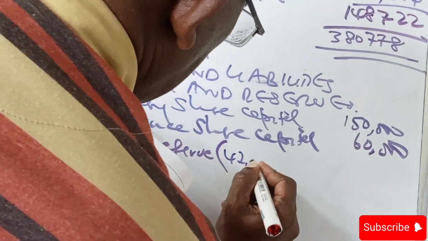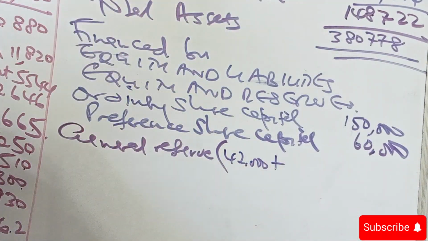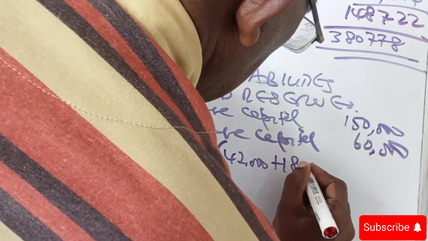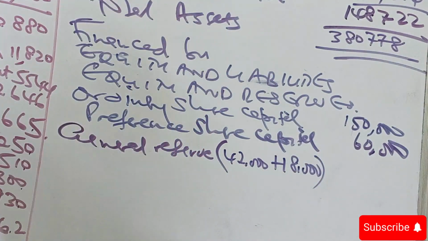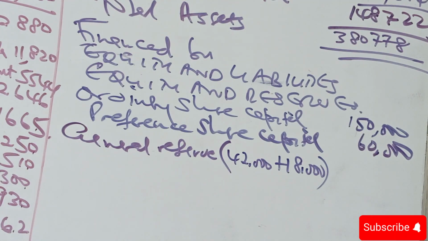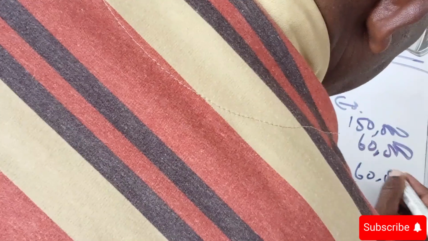And we transferred to general reserve an amount of 18,000. 42,000 plus 18,000, we get 60,000 of general reserve.